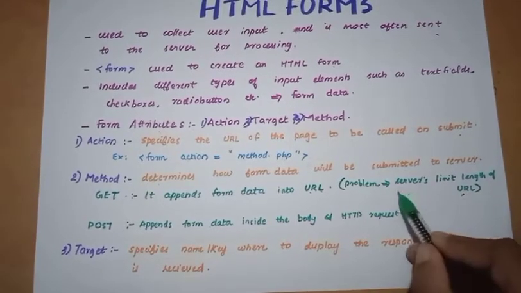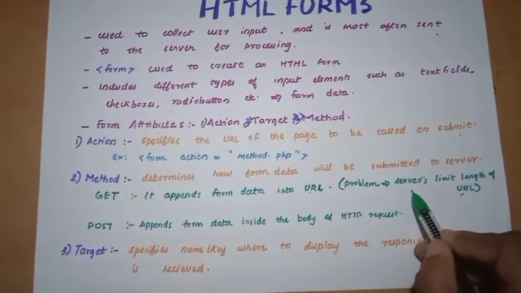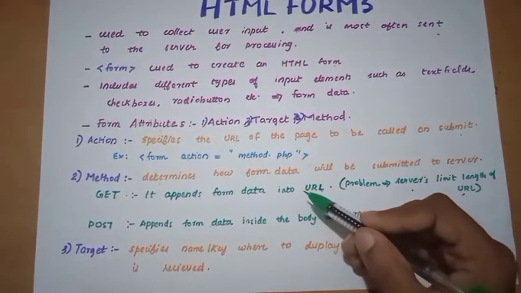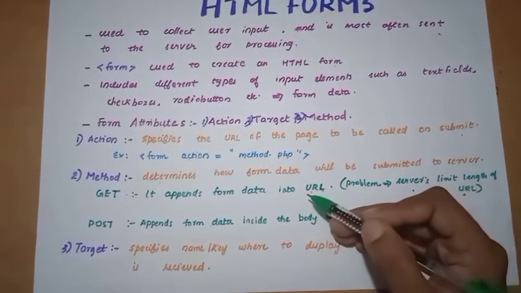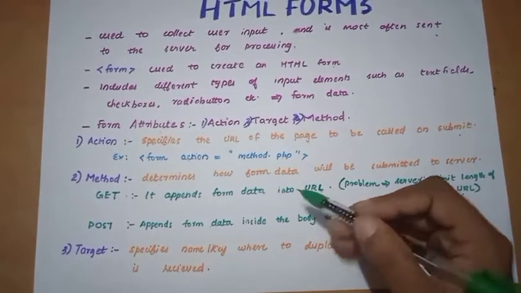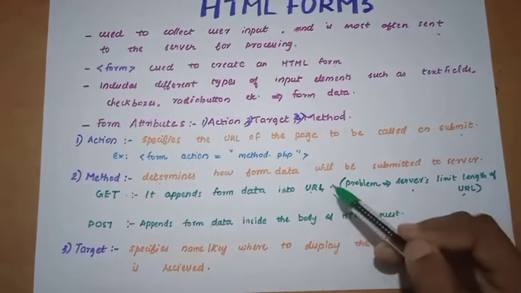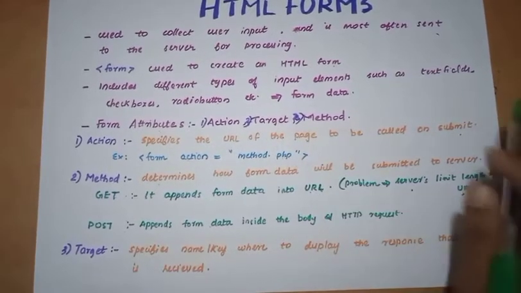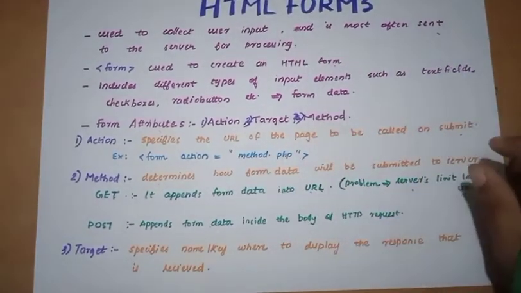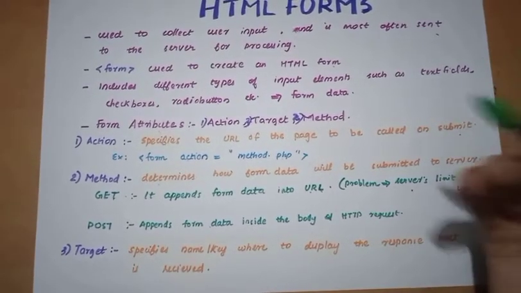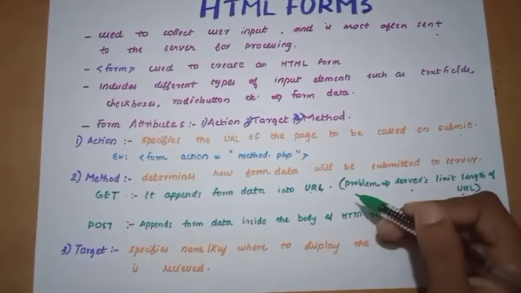Why? Because of this limitation in the server. So in those cases, this is not a good method to implement. The form data is appended into the URL, so everything goes to the server along with the URL when we press the submit button.